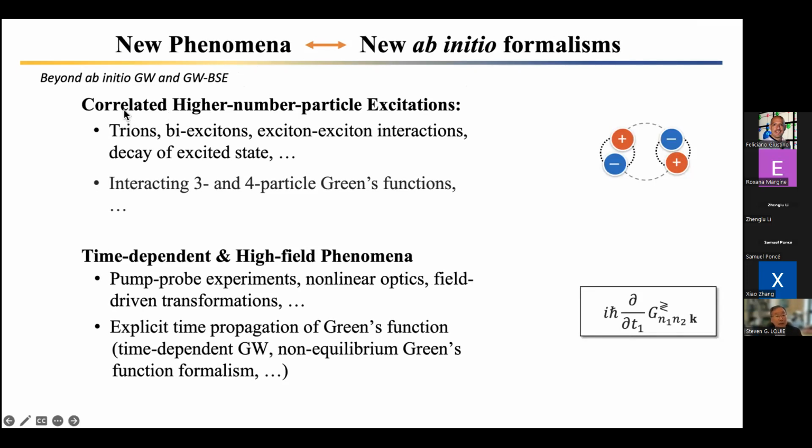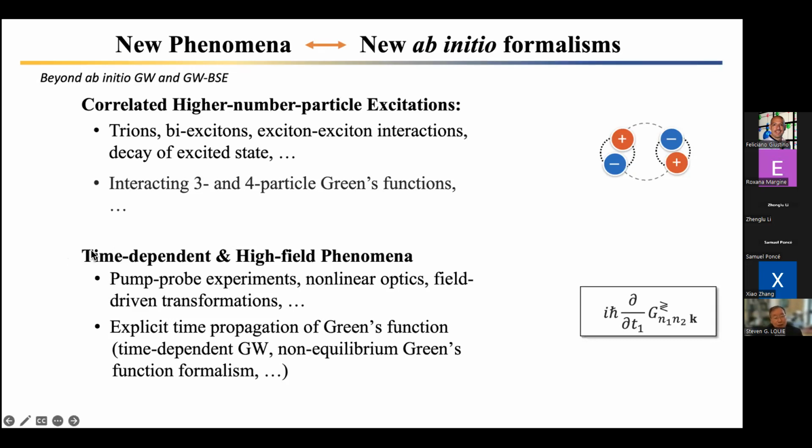For example, if you're interested in looking at correlated higher-number particle excitations, such as trions, that is an exciton plus a charged particle, or bi-excitons, two excitons bound together, and so on, then in fact you have to solve the interacting 3 and 4 particle Green's function.